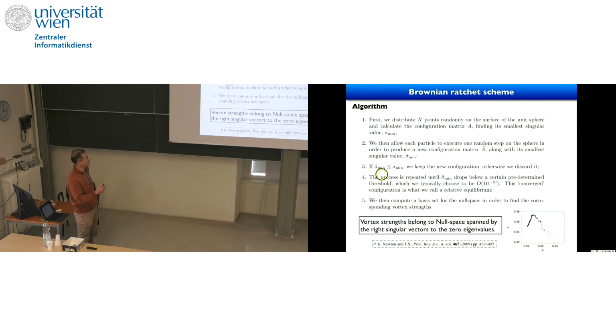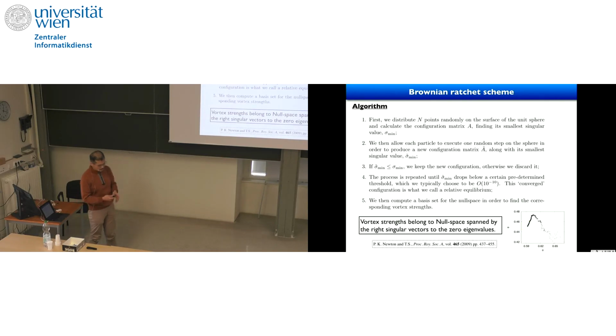Okay, so by obtaining this configuration, we then compute a basis set for the null space in order to find the corresponding vortex strength. This is a plot of how the points move randomly on the sphere, then converge to the configuration, a vortex crystal state.